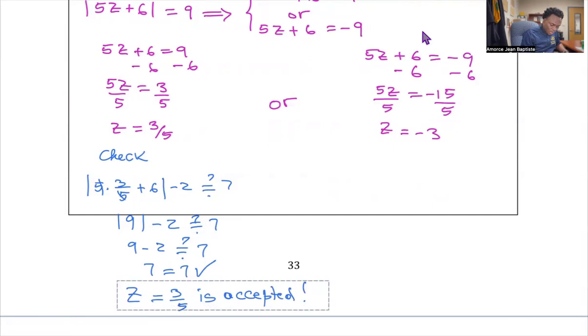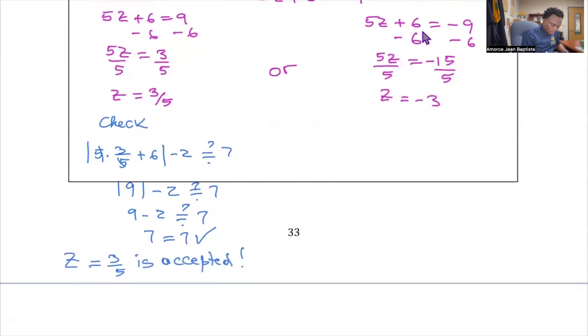So we have the first one. And then we can check for the second one. We have the absolute value of 5 times z, which is -3, plus 6, minus 2. Is it 7?